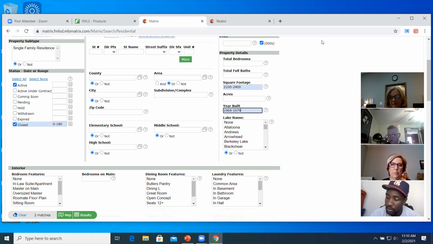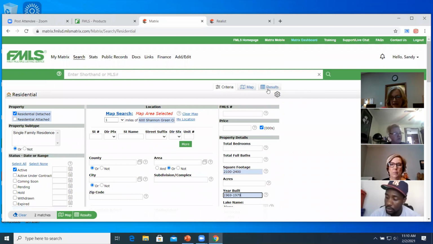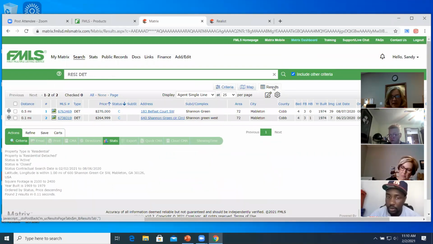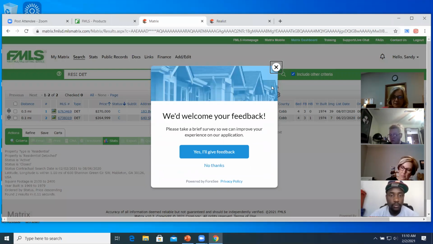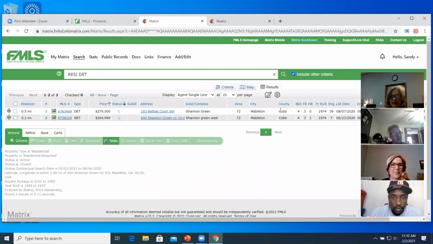So from here, if I can get this mouse to work, I just hit search or results. So we have come up with 2 properties that have both sold.